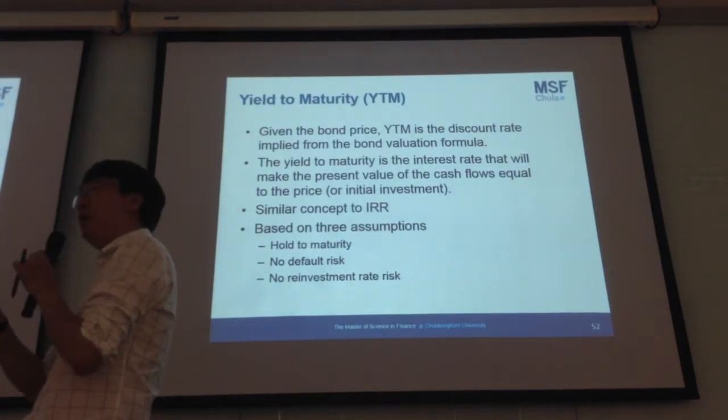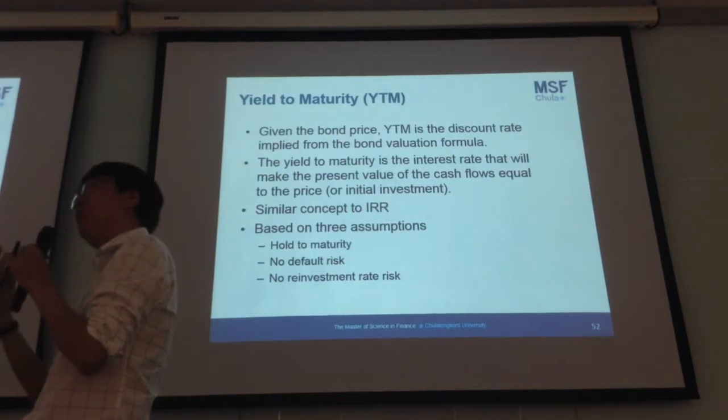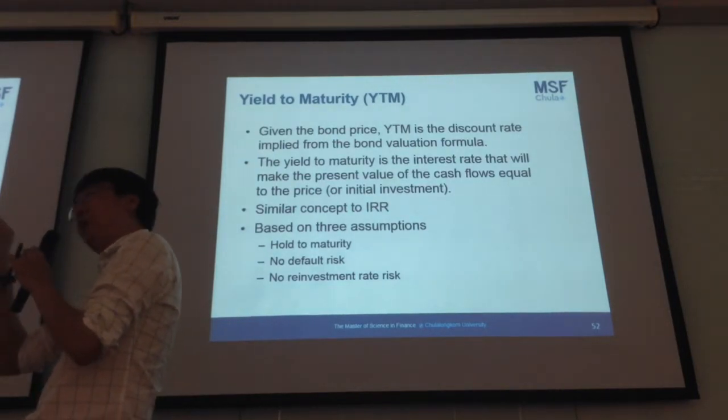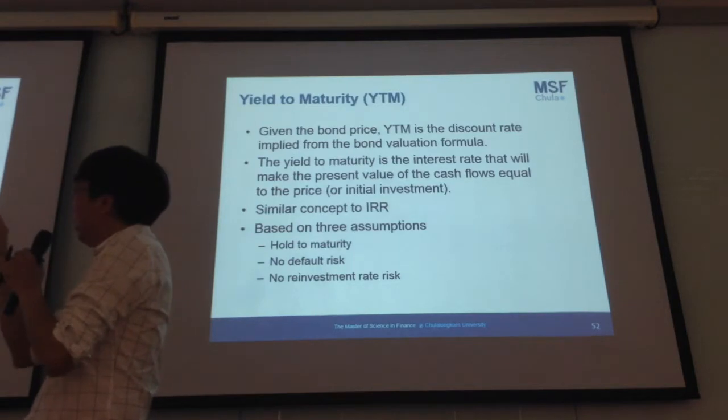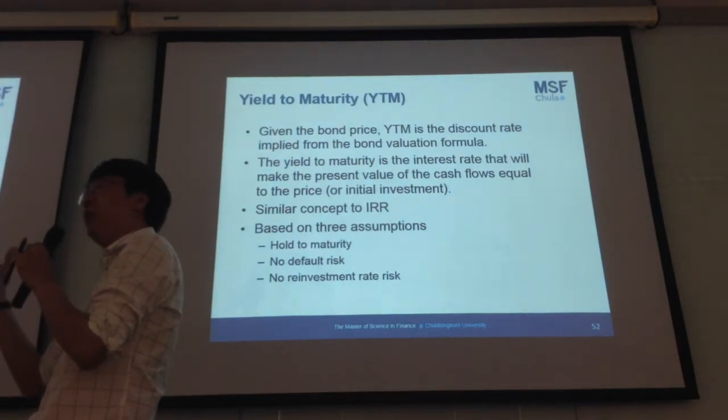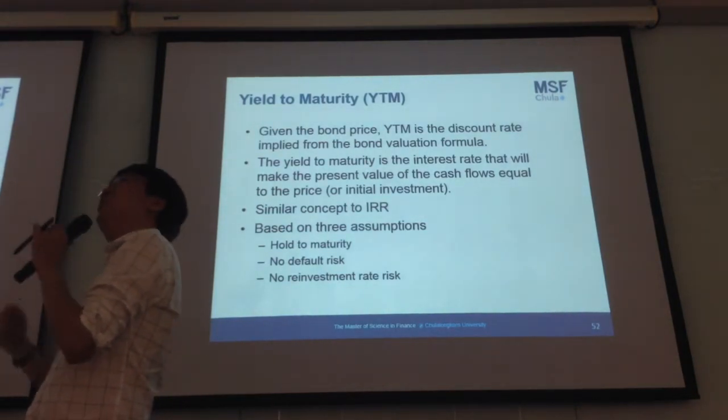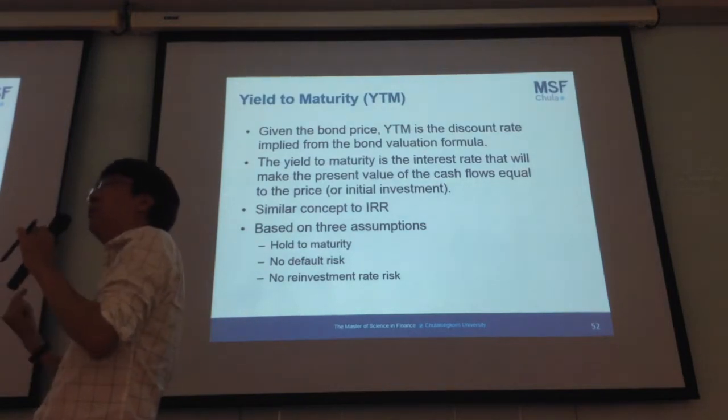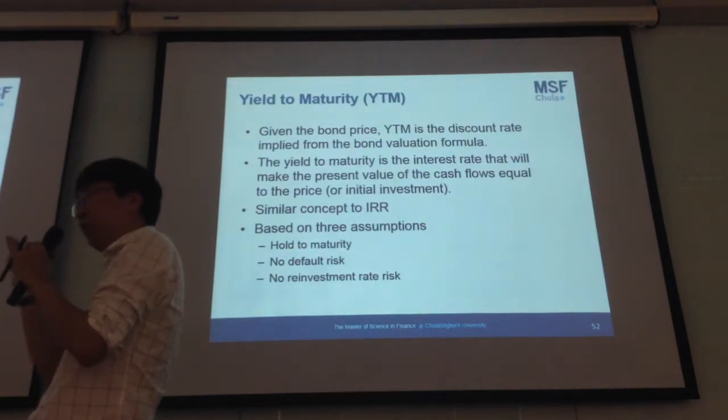Previously, we tried to come up with the bond price given that we put in the required rate of return. The required rate of return that we use as a discount rate is basically the yield to maturity.